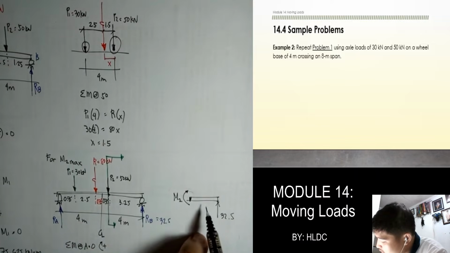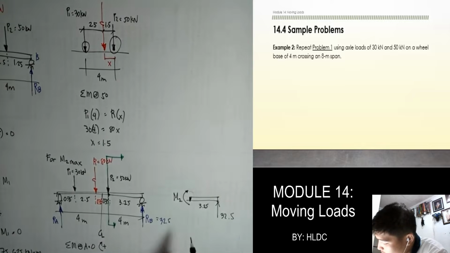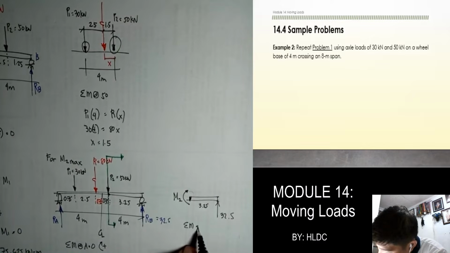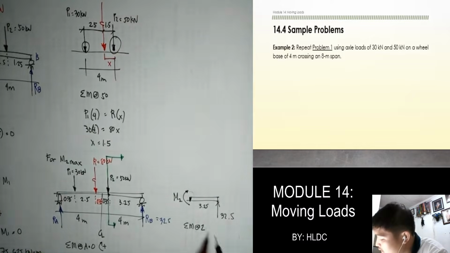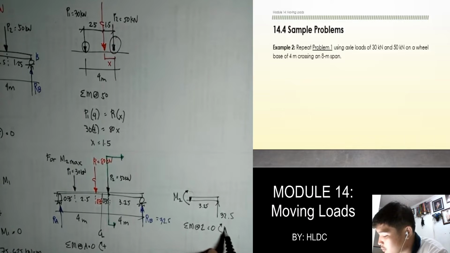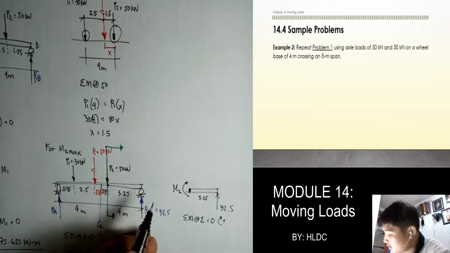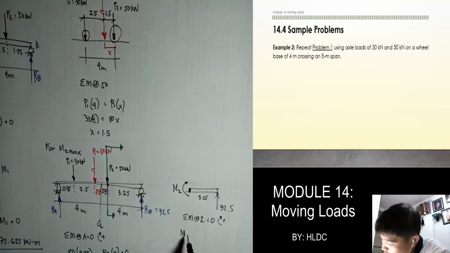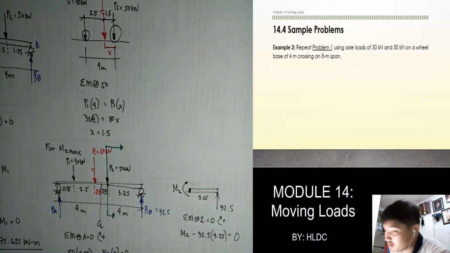Okay? So, ang distance nito is 3.25. So, by taking summation of moment at 2 is equal to 0 considering clockwise moments positive. So, clockwise, so M2, and then counterclockwise, so minus 32.5, and then moment arm is 3.25 is equal to 0.